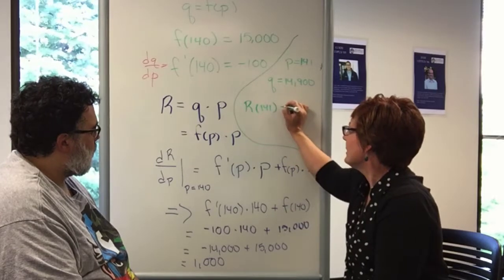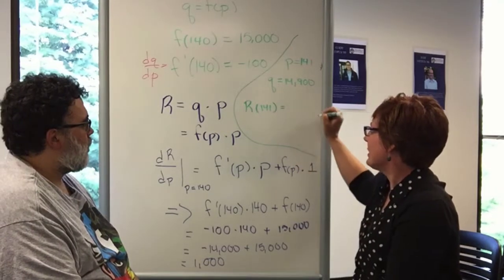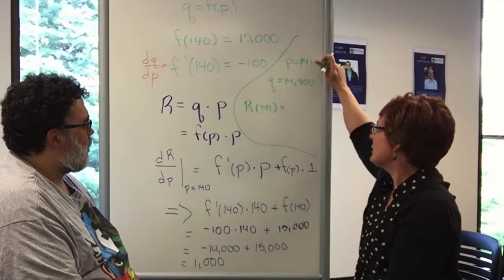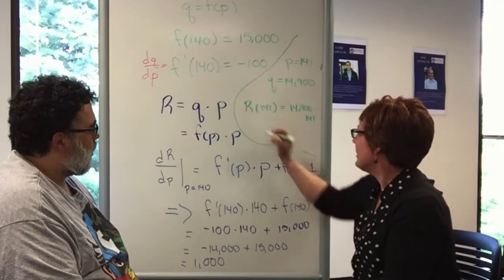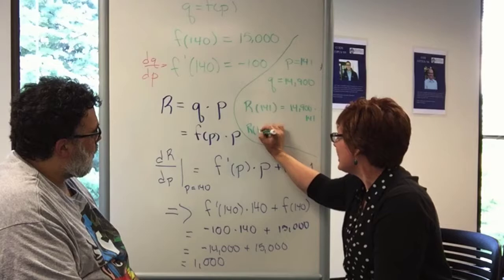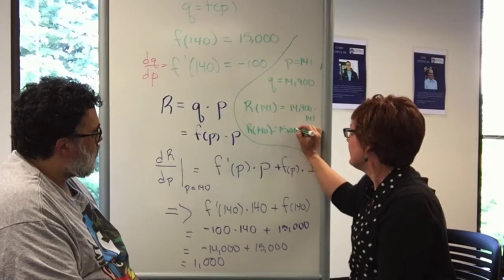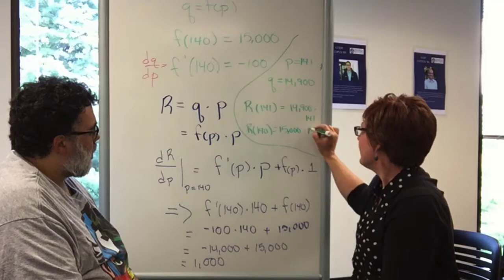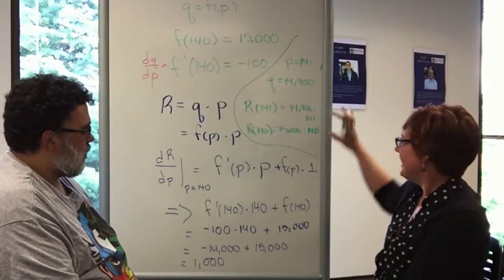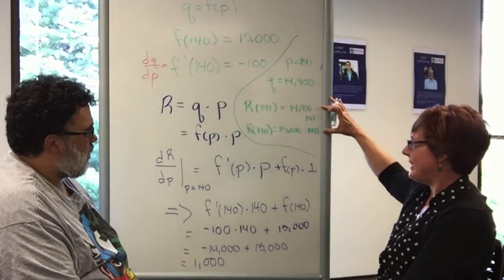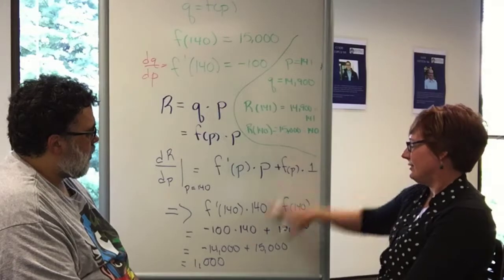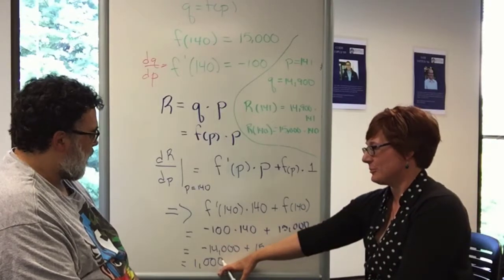And then our revenue at $141 per skateboard is just going to be the product. If I sell this many at this price each, and then our revenue at 140 would be 15,000 at 140 each. And we can compare those two, and they should be somewhere close to that in terms of their difference.